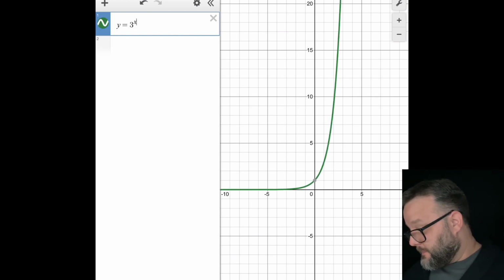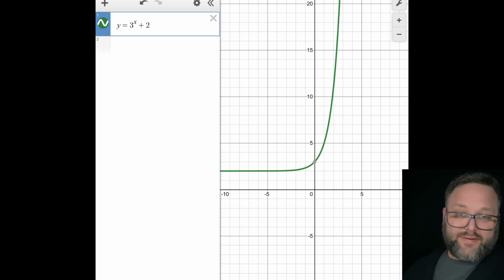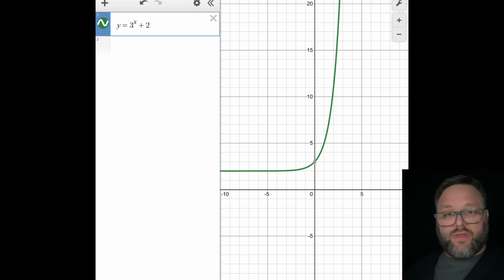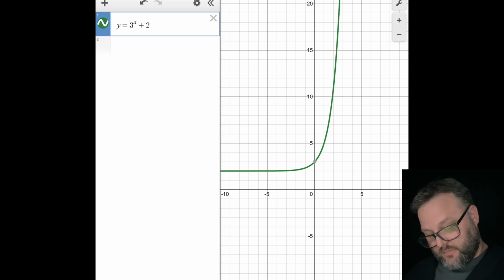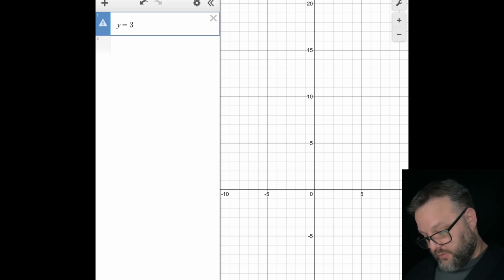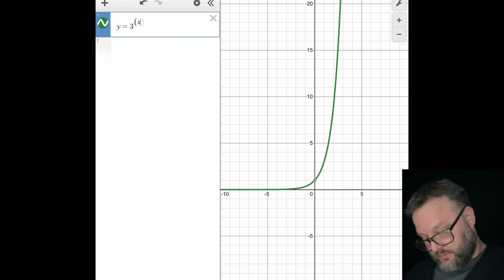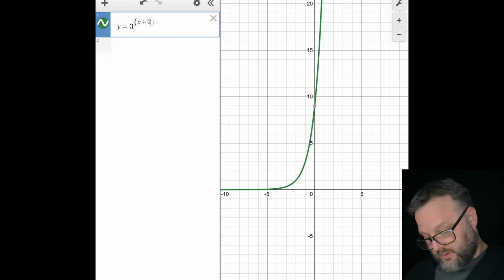x plus 2. Notice how that is not what I had originally. That plus 2 should be up with the exponent of x. So what I'm actually going to do is put parentheses around x plus 2, and look what happens.